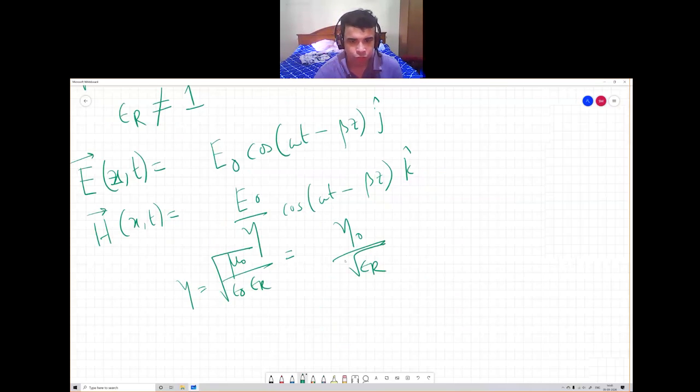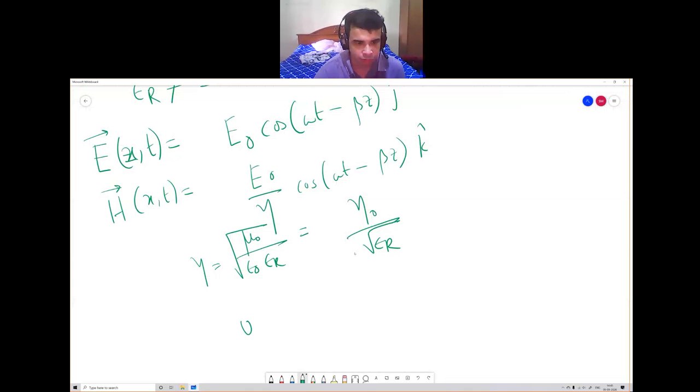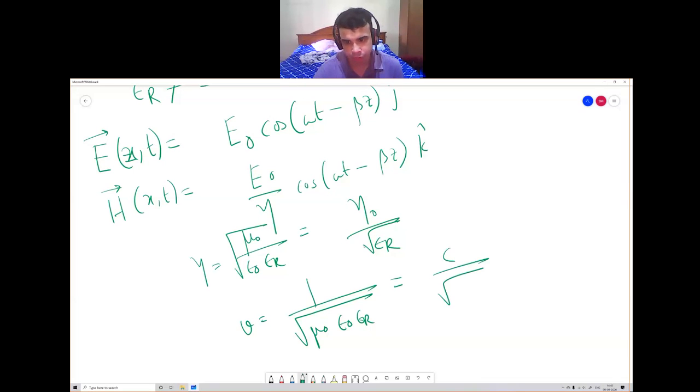And wave velocity v will be 1 by square root of mu naught epsilon naught epsilon r, that is c by square root of epsilon r. Is it okay? So for dielectric materials, the speed of electromagnetic wave is lower compared to that in vacuum by a factor of 1 by square root of epsilon r. Any doubts?